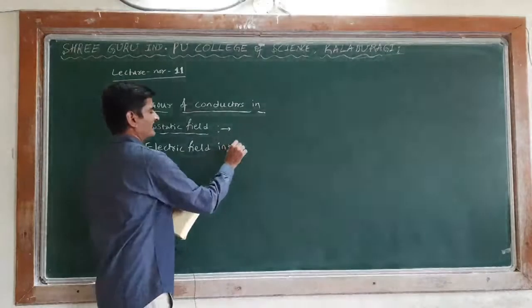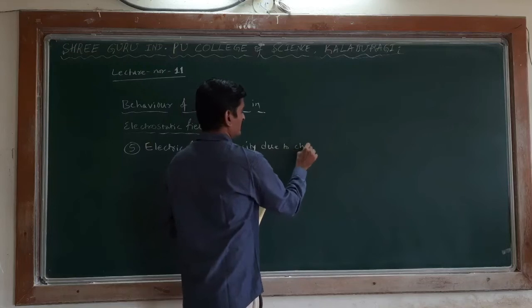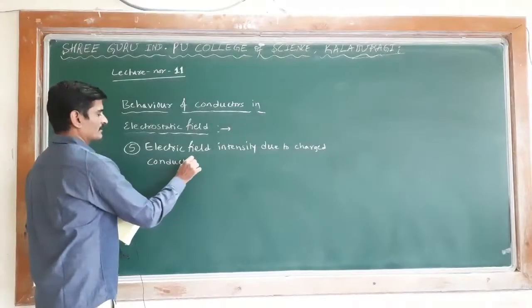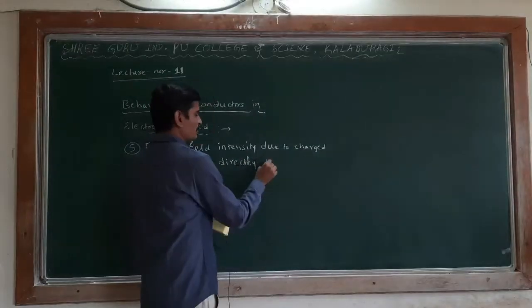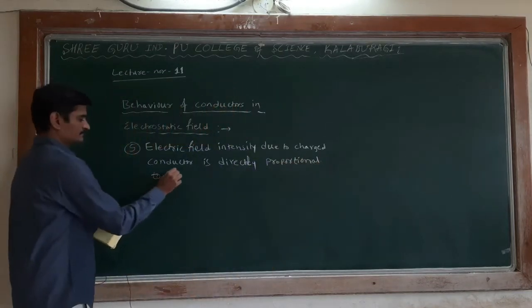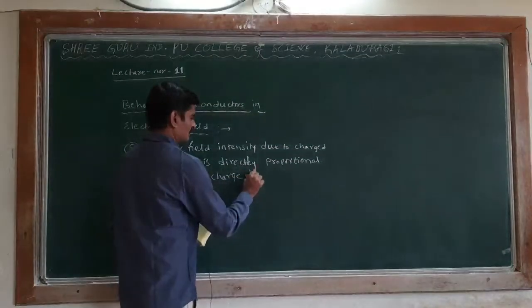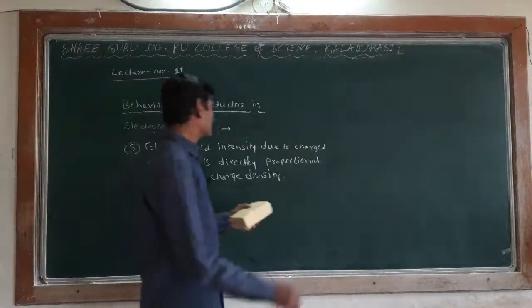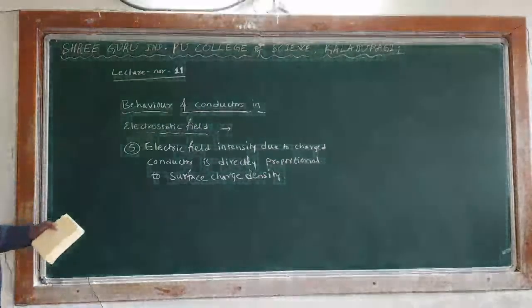Understand this point? Electric field intensity due to a charged conductor is directly proportional to surface charge density.